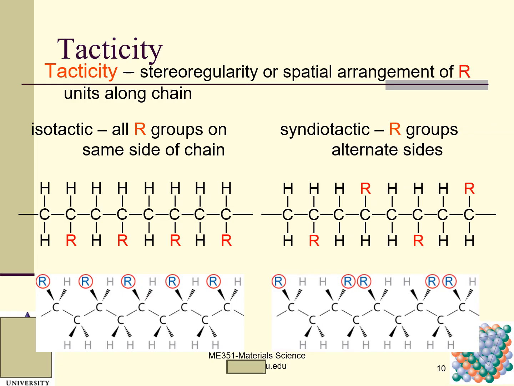Another one is syndiotactic, where R groups alternate sides. This is a schematic representation of the backbone chain. You can see R alternating on the top side and the bottom side, top, bottom.